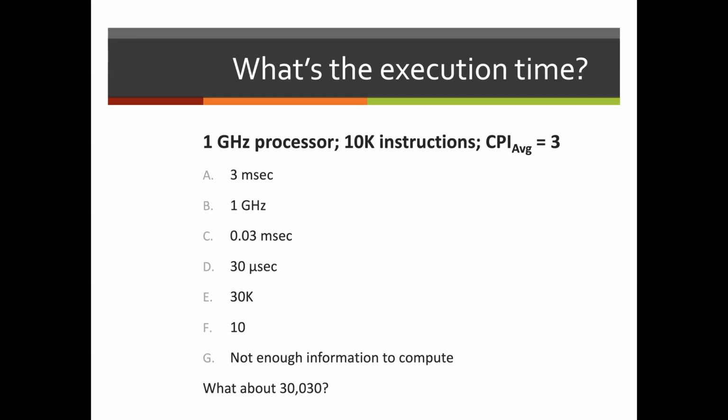And so let's start with an example. Let's say we have a 1 gigahertz processor that is executing 10,000 instructions with a CPI average of 3. If we were to compute this, we would need to consider the speed of the processor, and we're going to multiply that by the number of instructions that we have.